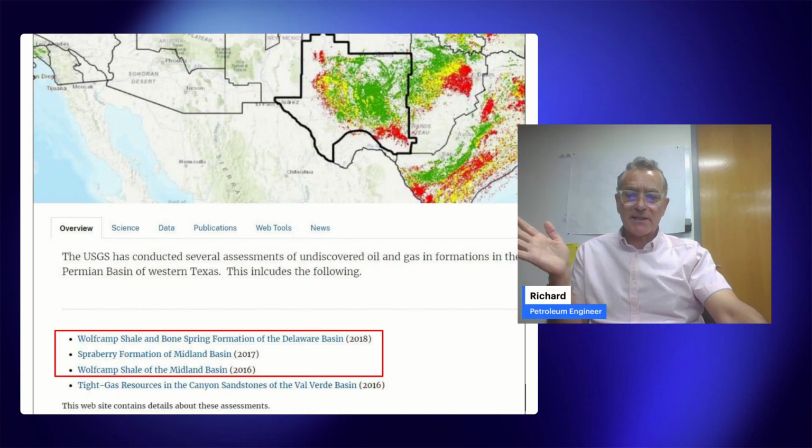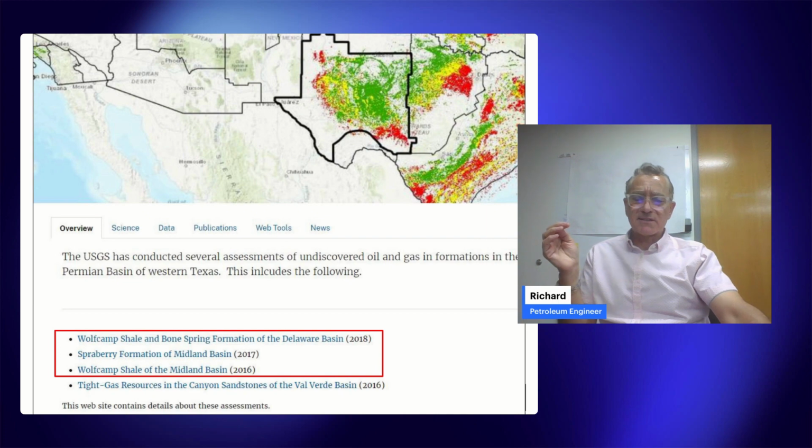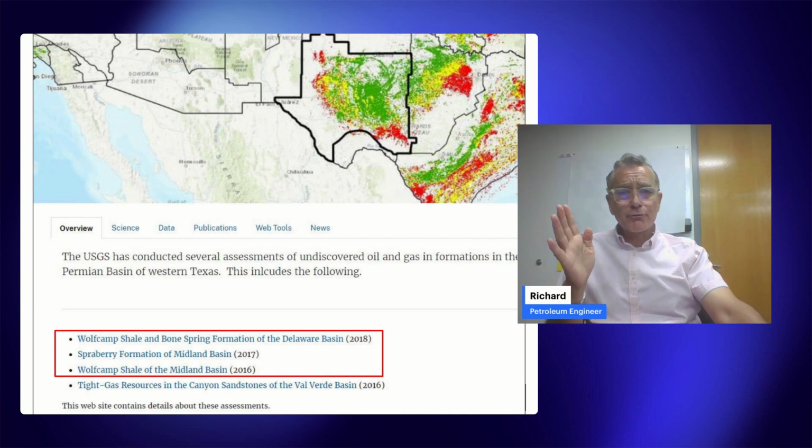That was published in 2018. The Sprayberry Formation, which was 2017, and the Wolfcamp shale of the Midland Basin in 2016. We're going to briefly go through what the USGS actually put together in their assessment and what the implications of it are.